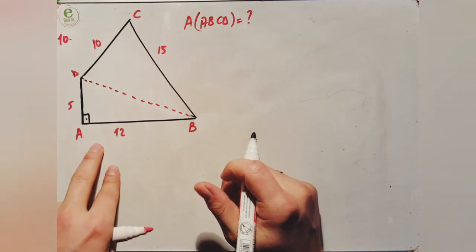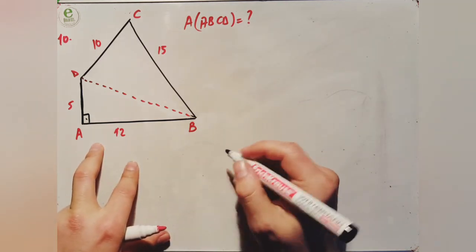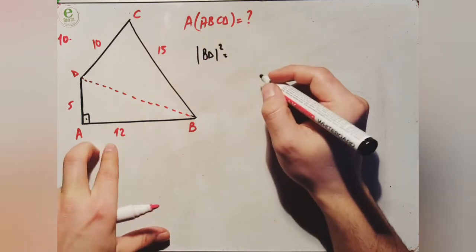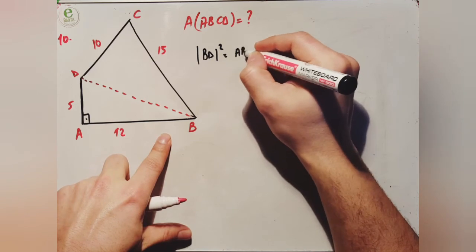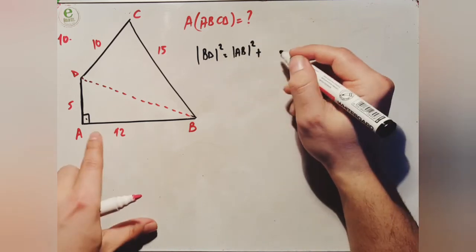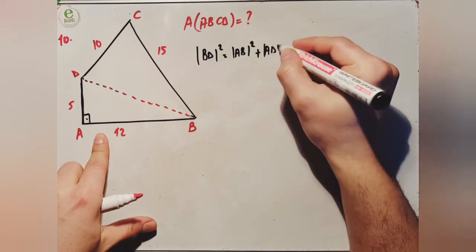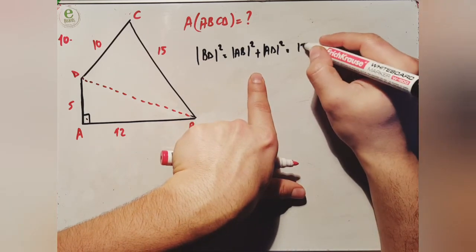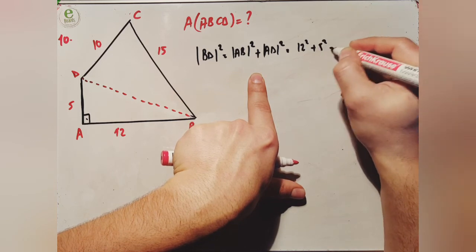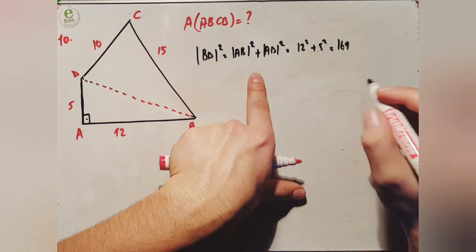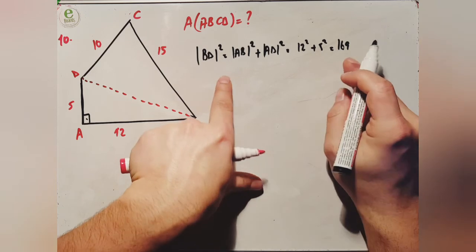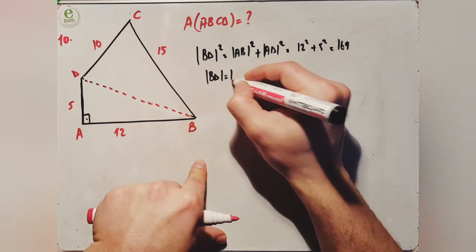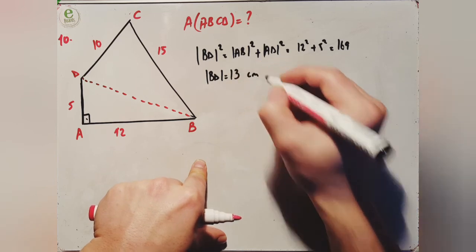In triangle ABD, by the Pythagorean theorem, BD square is equal to AB square plus AD square, which is 12 square plus 5 square, which is 169. So BD square is 169, so BD will be 13 centimeters.